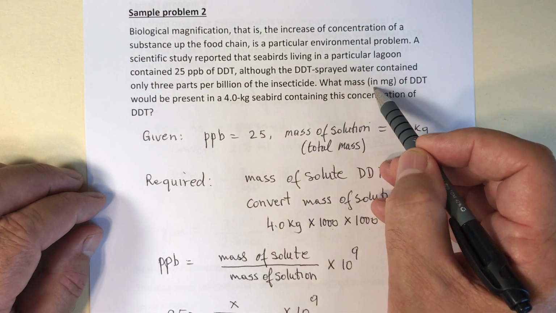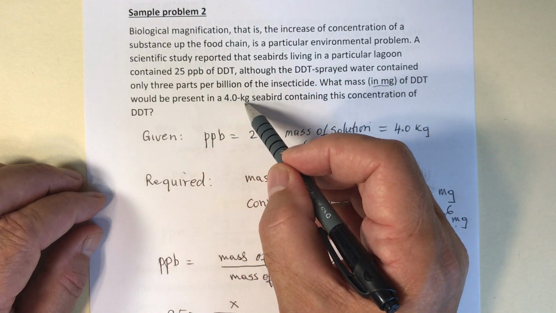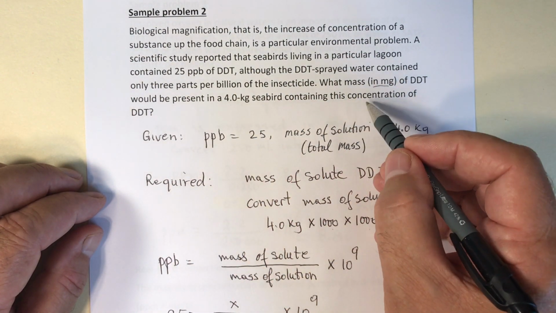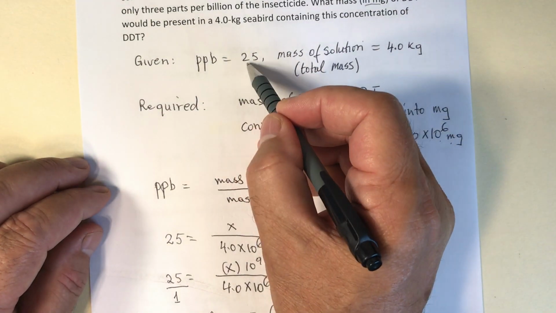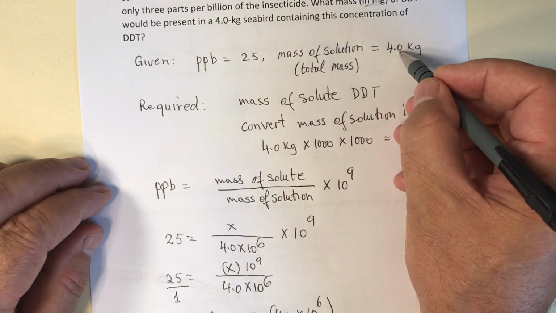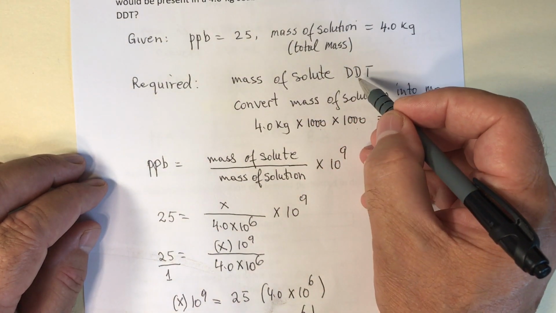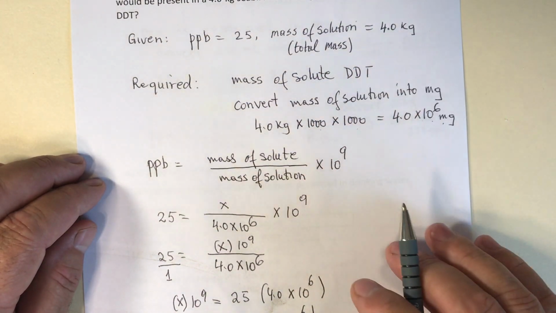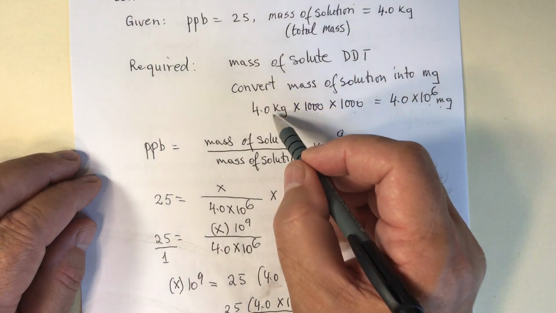What mass in milligrams of DDT would be present in a 4.0 kilogram seabird containing this concentration of DDT? Given parts per billion, 25, mass of solution, or total mass, which is 4.0 kilograms. Required: mass of solute, or mass of DDT.